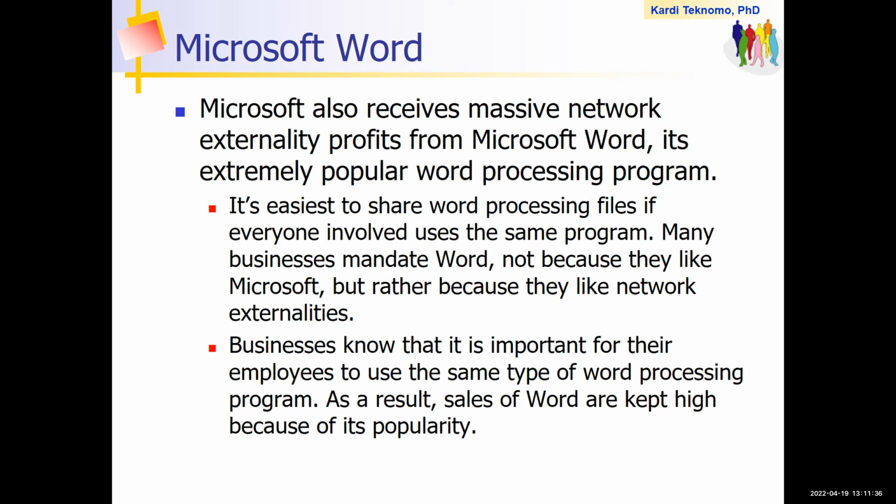And because of that, Microsoft is now giving Word also for free, right? So that is a war about word processing programs between several businesses because they know this is a massive network externality.